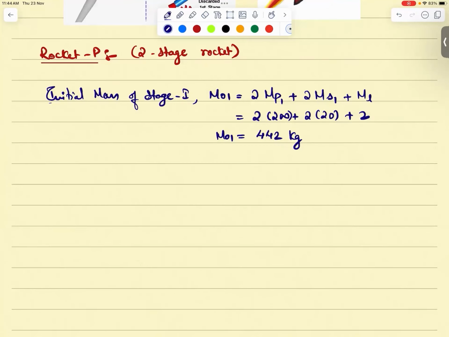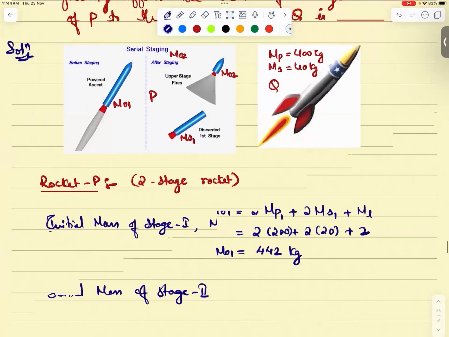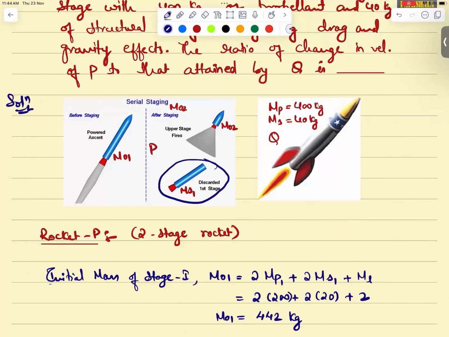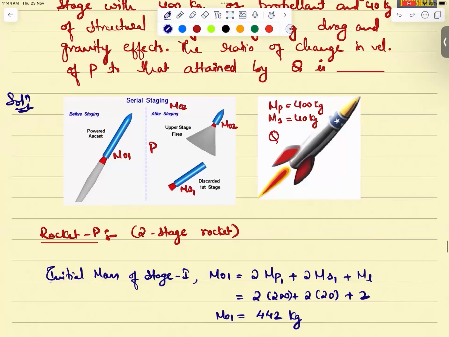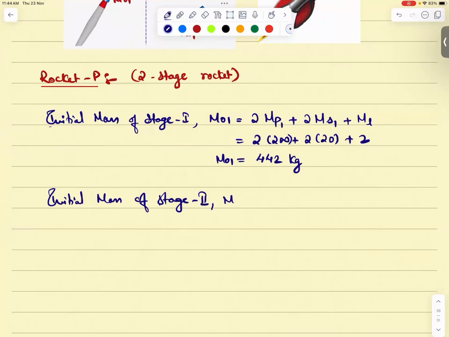Then you write the initial mass of stage 2. The first stage is over, this much is released, and the propellant is burnt also. So the initial mass at stage 2 would be M01 minus MP1 minus MS1.